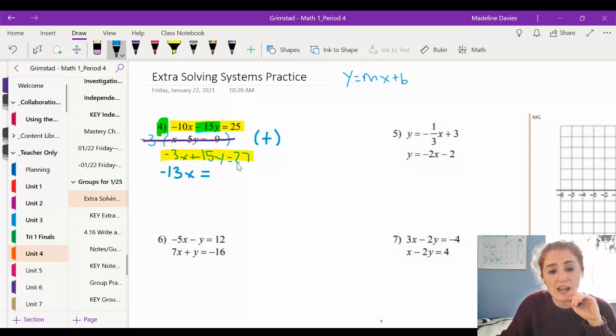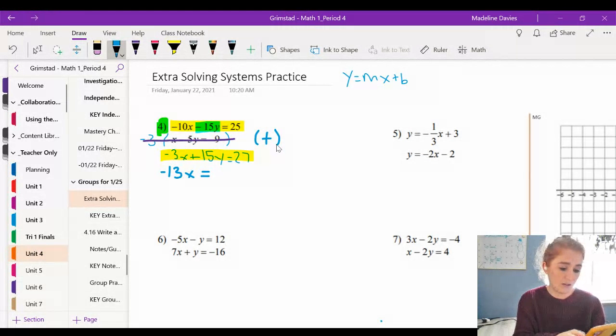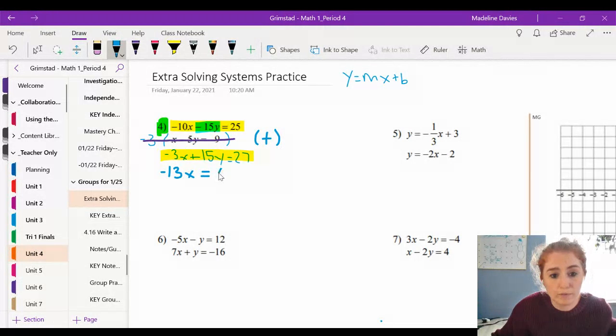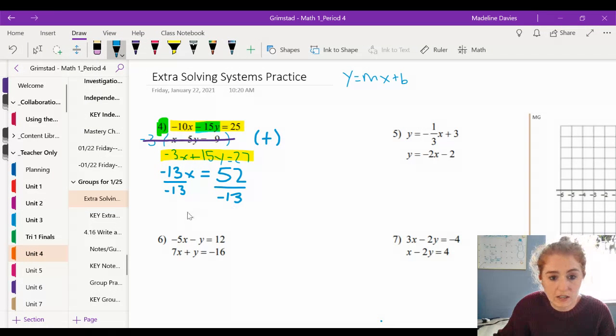So negative 13x equals 27 plus 25, which is 52. And then divide by negative 13 on both sides. And the answer is x equals negative 4.